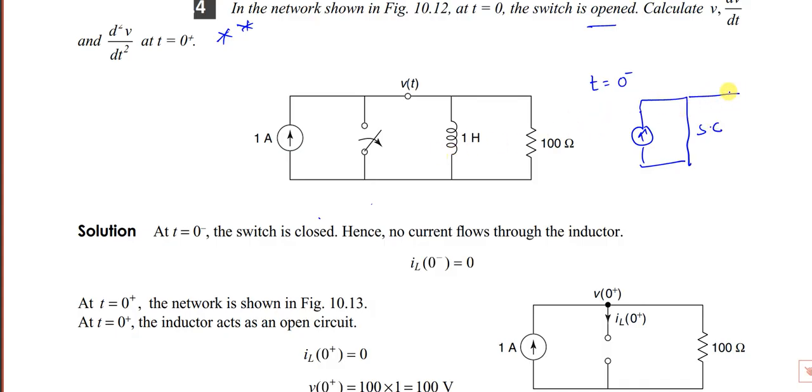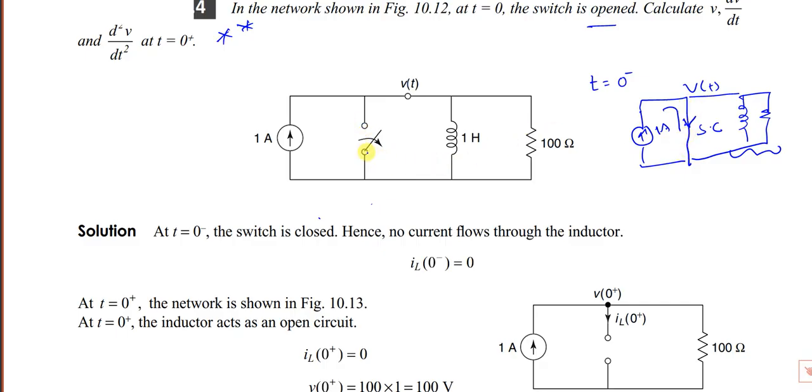Since the switch is closed, all the 1 amp current is flowing in this path only. No current will flow through the inductor, because in your room, if there is any short circuit, all the current will go through the short circuit path.